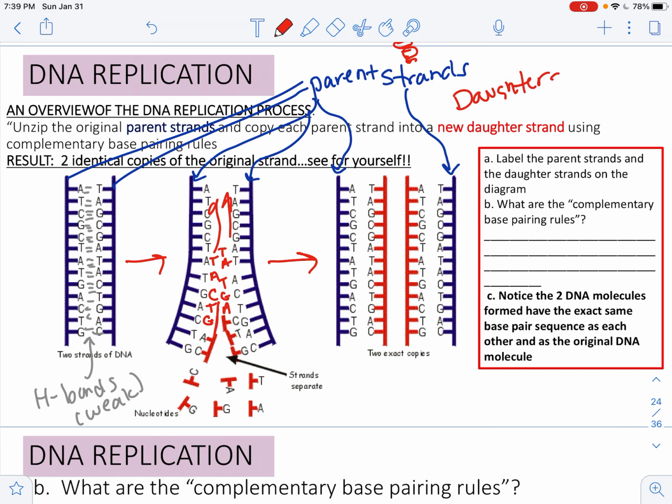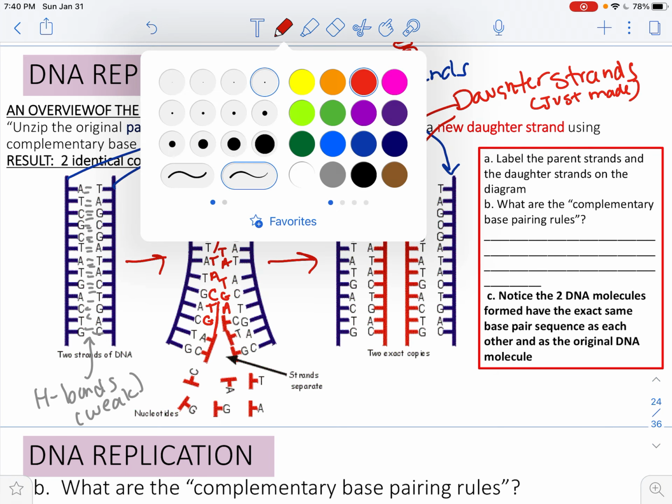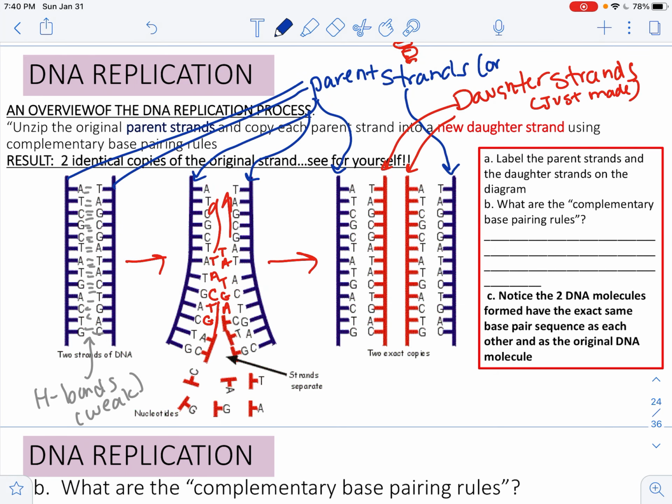The daughter strands are the new ones that were made, just like when we did cell division, daughter was the new cells. So those are the new daughter strands, the ones that were just made. Sometimes we refer to the parent strand as the original strands that were on the sides of the DNA ladder. So that's letter A.